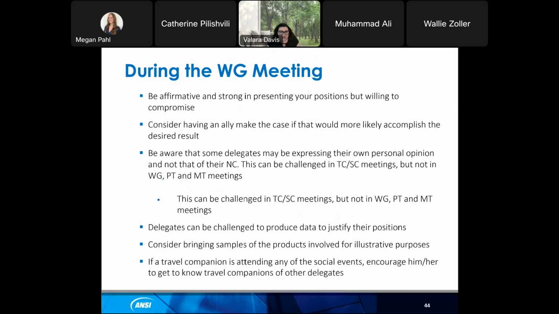So in the next slide, we'll talk about working group meetings. At a working group meeting, you're not representing your country, you're representing your organization, but make sure that you're being affirmative and strong in presenting your positions, because you want to make sure that not only the U.S. participants are supporting your position, but the other working group members.